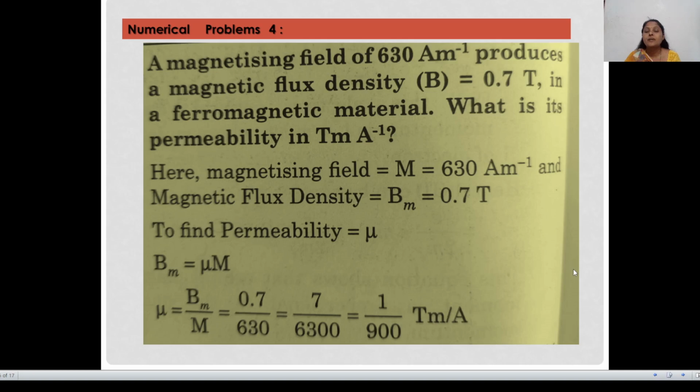The given formula here is B is equal to mu H, therefore mu is equal to B by H. Therefore, B takes the value 0.7 and H is equal to 630, and calculating here, finally you get the answer mu is equal to 1 by 900 tesla meter per ampere.